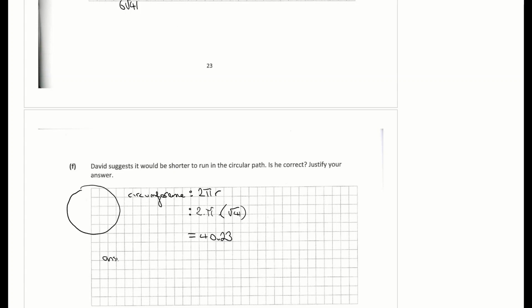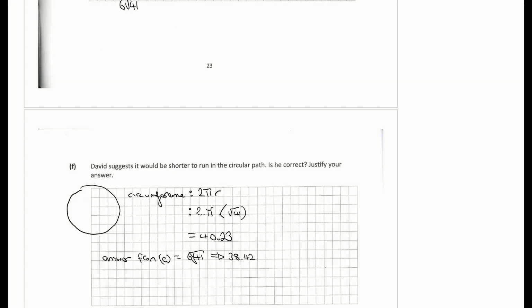Now let's compare that to my answer from part E, which is 6 root 41. When I hit my SD button on my calculator, that changes to 38.42 meters. And you can see here that the circle obviously takes longer because it's 40.23 meters, and the distance from running to the center is 38.42 meters.